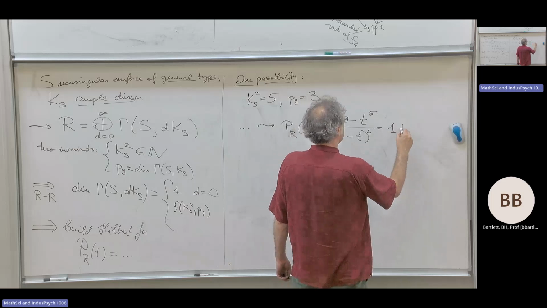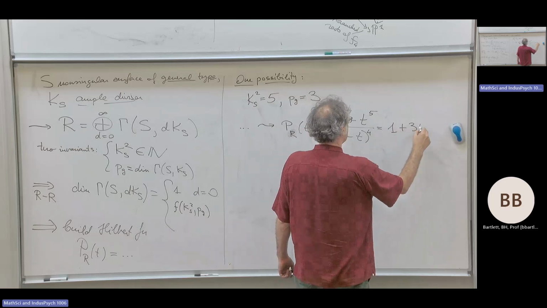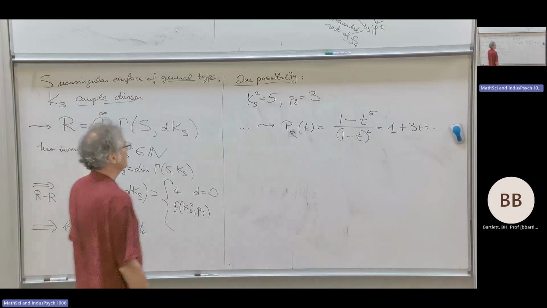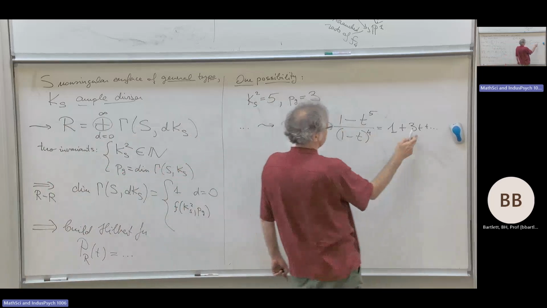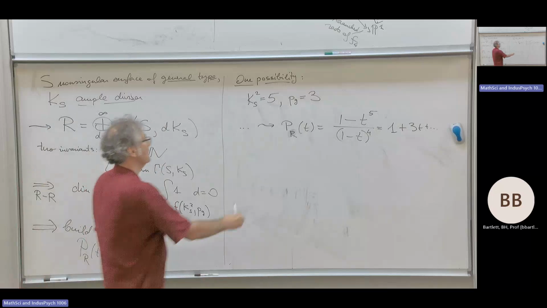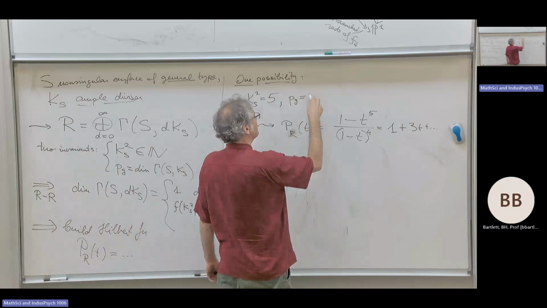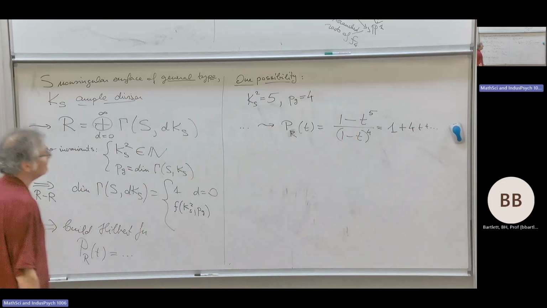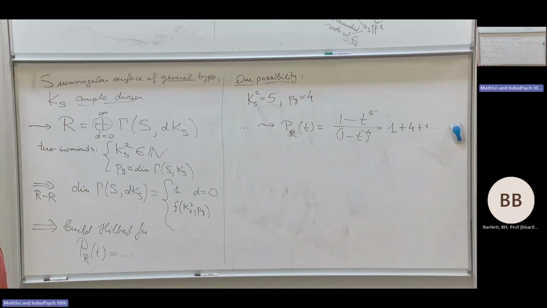This should start 1 plus 3t plus higher order terms. If it doesn't, then I'm lying, because Pg, that's the first coefficient. But I think this is right. Pg equals 4, and that should be 4.